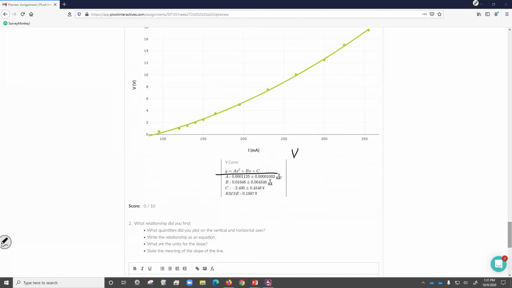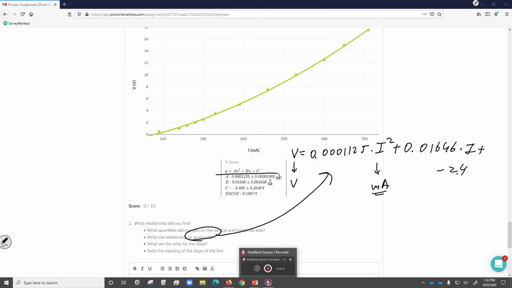So the equation for this experimental line is V equals 0.000125 times current squared plus 0.01646 times current plus, well, negative 2.4. This is measured in volts, and this is measured in milliamps. That's the equation. This answers this question.